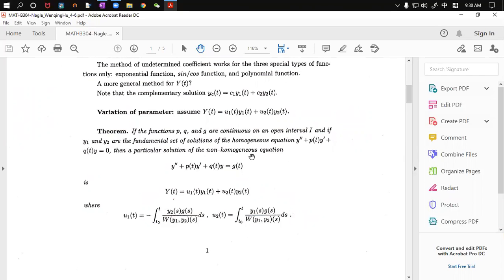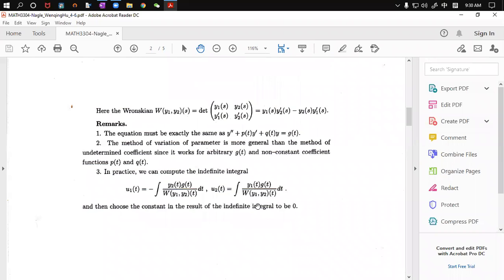Previously, as we saw at the beginning of today's lecture, the method of undetermined coefficients only works for exponential, sine, cosine, or polynomial right-hand sides, or maybe combinations of them. It doesn't work for any other types. But variation of parameters works for any right-hand side. It is a fundamental and final method, working for any arbitrary shape of the right-hand side g of t.